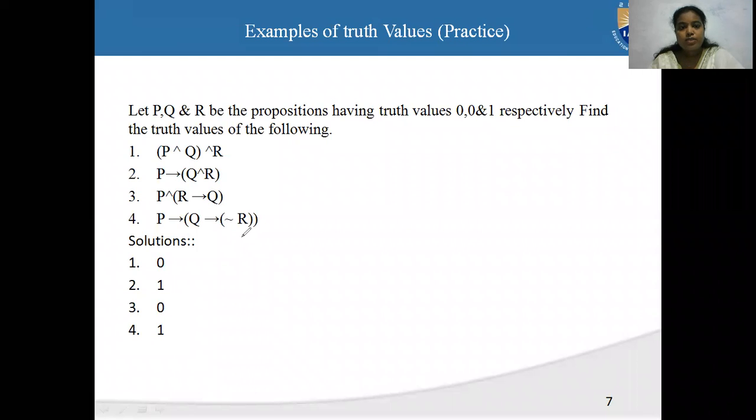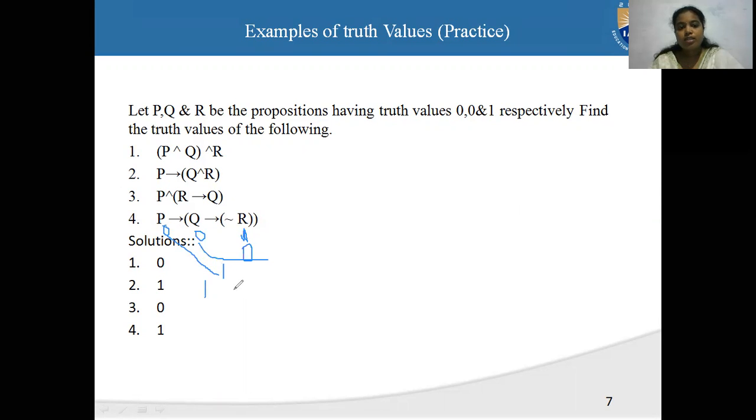What is the given expression? 0 follows 0 is nothing but 1. This entire combination is 1. So the actual value is 0. 0 follows 1 means 1 for the given expression, because it does not follow the rule, so there is 1. So this is the right answer. Just observe the values.